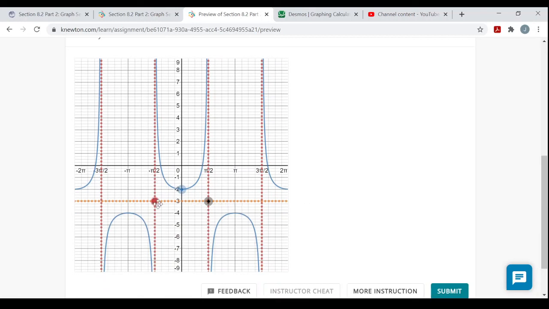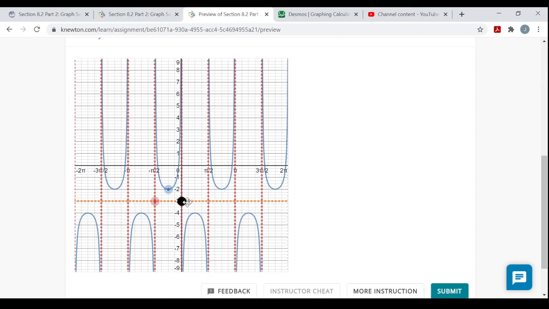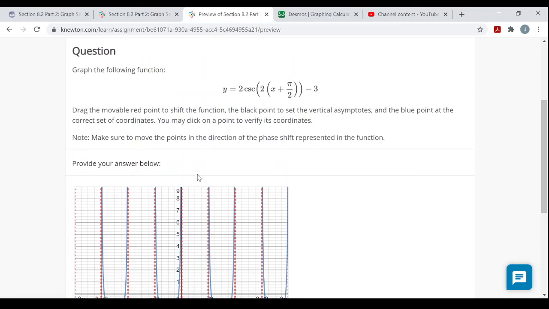Right now the distance between each asymptote is pi. The period is 2 pi right now. I want to cut that in half. So there. Right now the distance between each asymptote is pi over 2. The whole period is pi.